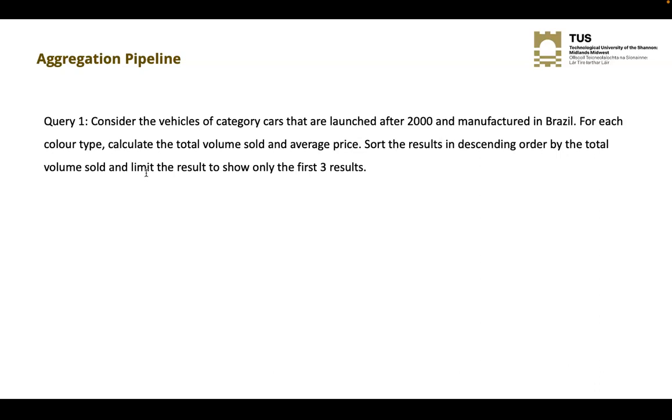How can we achieve this? As the best tips, before we dive deep into the query, a few tips I will give you for writing and analyzing aggregation queries: always break down the queries into stages and understand the purpose of each stage.